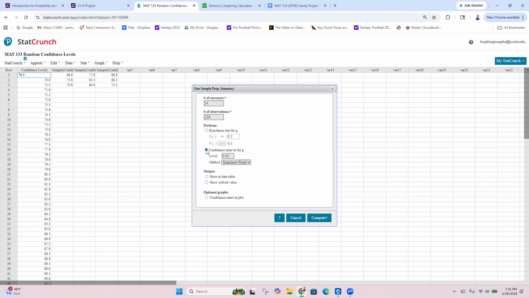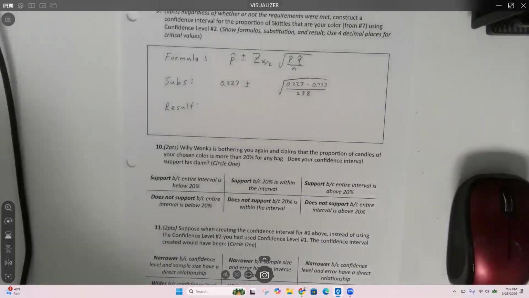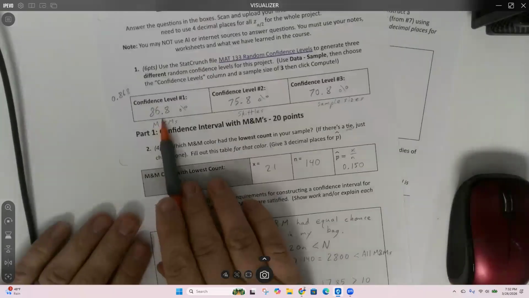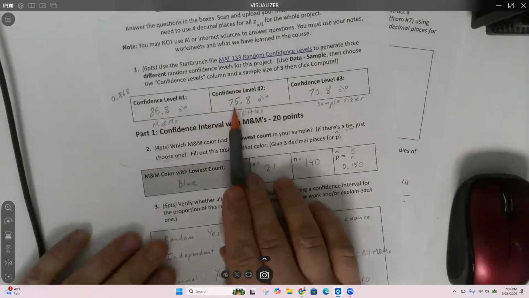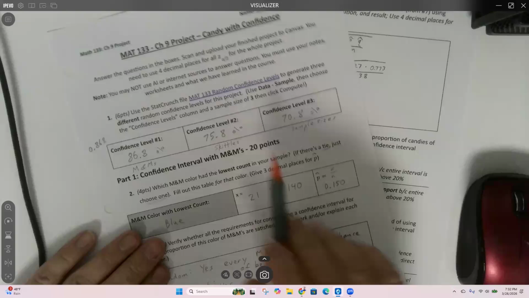I'm going to click the blue button for confidence intervals. This time I'm going to switch my confidence level. We were using one confidence level for M&M's, but now they want us to use the confidence level from number two.